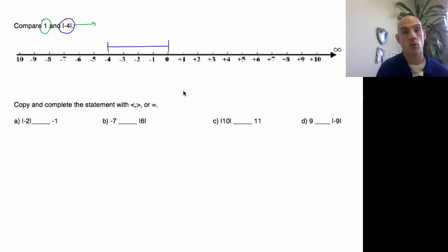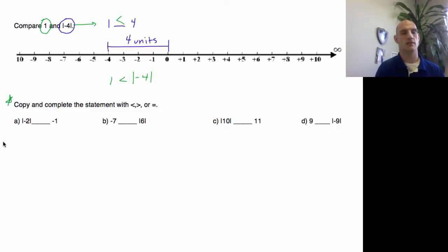So I go to -4. What is the absolute value of -4? Well, it's 4 units. So I'm comparing 1 and 4. Which one's bigger? 4 is bigger. So if I'm comparing those, I would say 1 is less than the absolute value of -4.